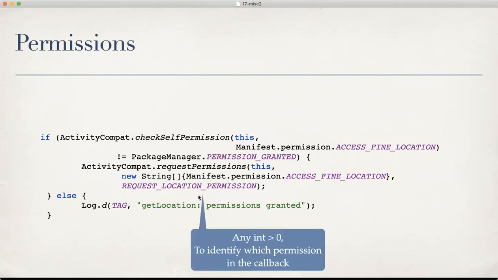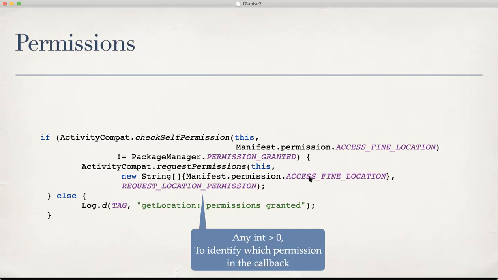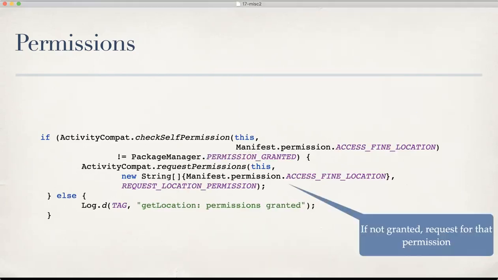When you request the permission, you should pass it a second or third parameter, which is an int, any int greater than 0, which we'll use to identify the permission in the callback that handles the result of requesting permissions. We'll see onRequestPermissionsResult on the next slide. So here, if it's not granted, simply request for it.